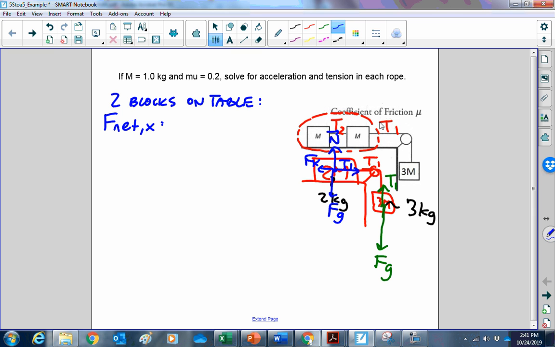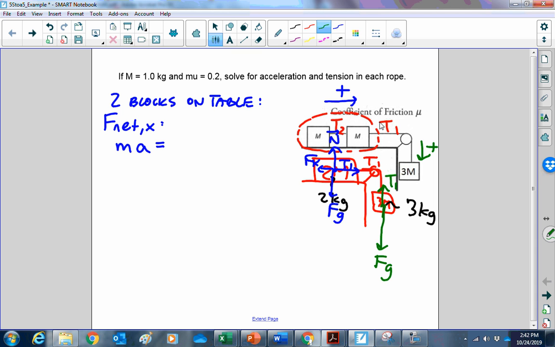So these are going to accelerate, and I would do mass times acceleration. I'm going to say that this direction is positive for sideways motion, and I am going to be a rebel and say that down is positive for the vertical direction.